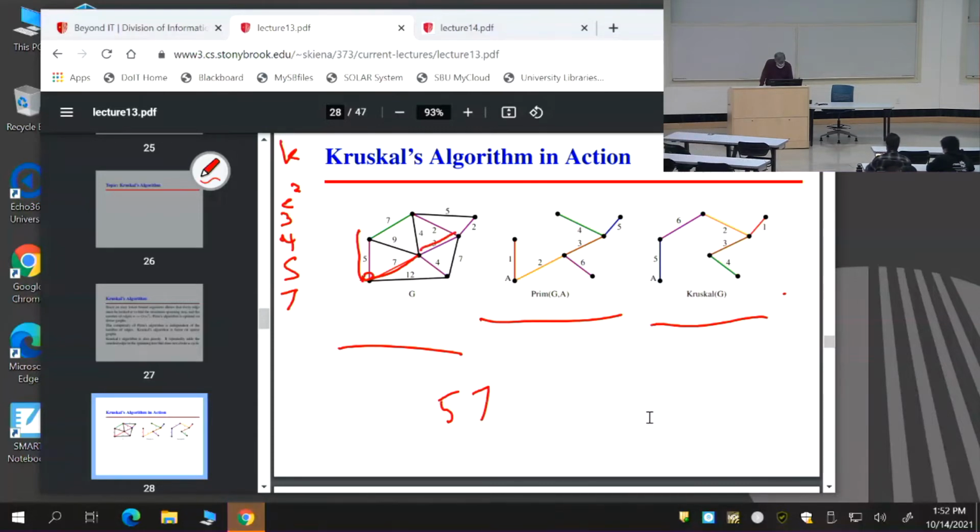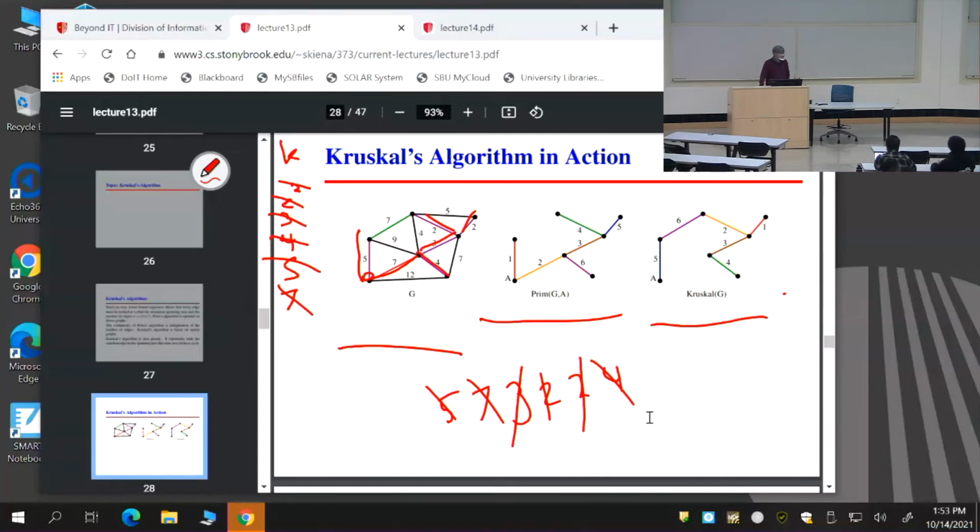Grow, that was 3. Grow, that was 2, 2. And grow, that was 4. So I believe I've got a 2 and a 2, a 4 and a 4, a 3 and a 3, a 5 and a 5 and a 7 and a 7. Different trees, same weight. And actually exactly the same set of edge weights in the tree. Any questions about that?